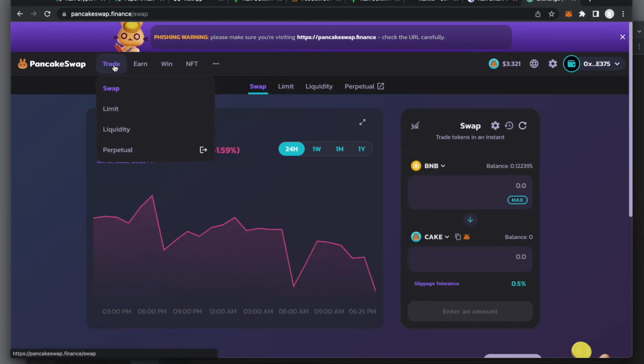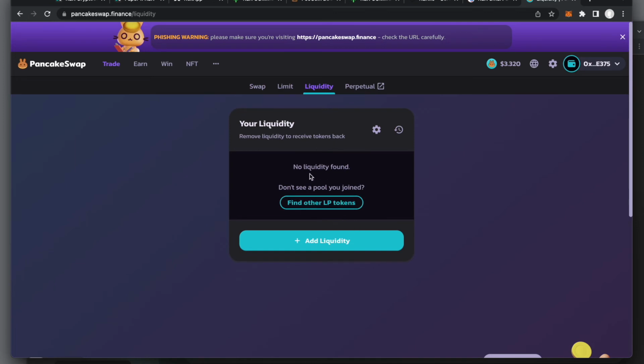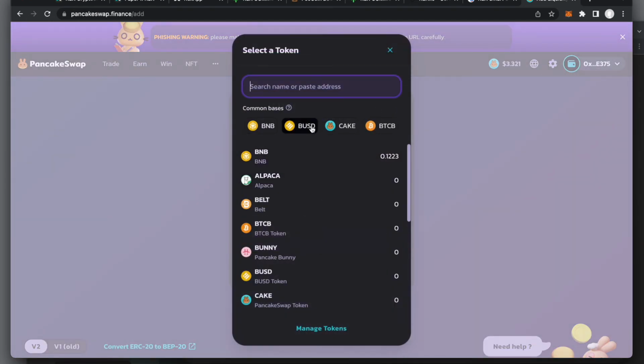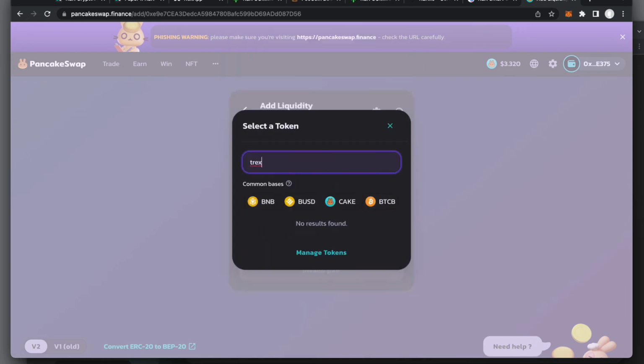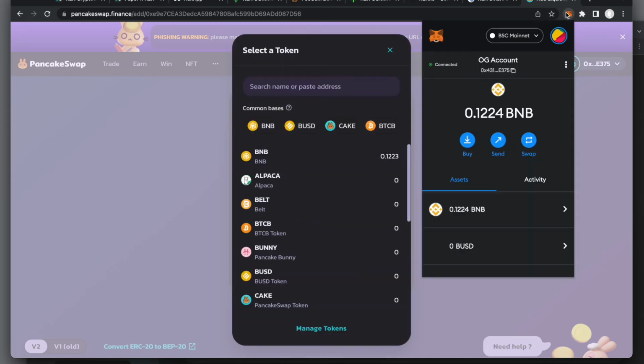I'm just showing you a little bit of insight into how, if you wanted to create a liquidity pair on PancakeSwap, and you wanted to make a BUSD pair, let's just see if it knows TREX. Nope, doesn't know TREX obviously. So what we can do is put the TREX token address in there.